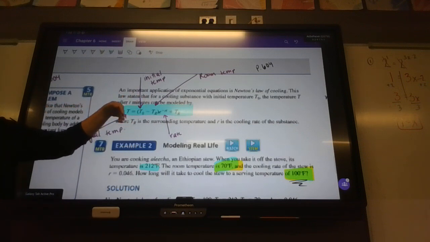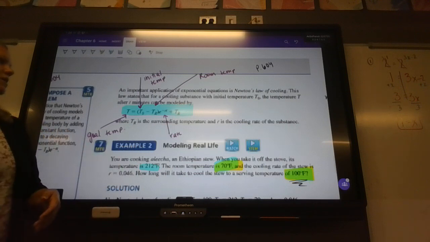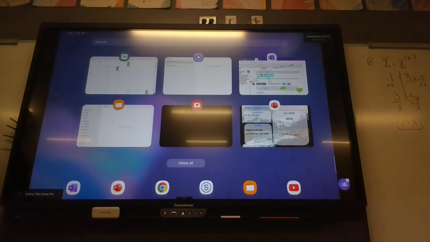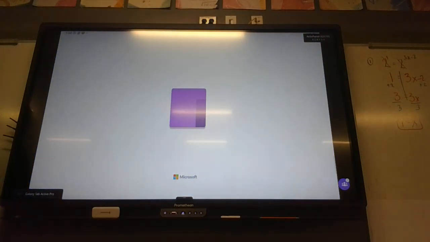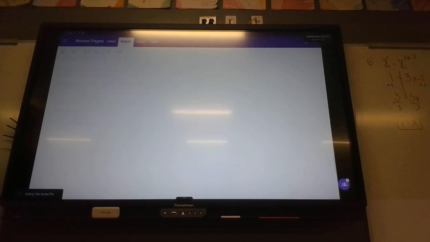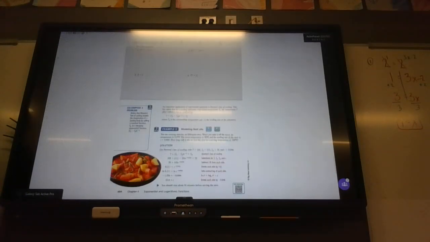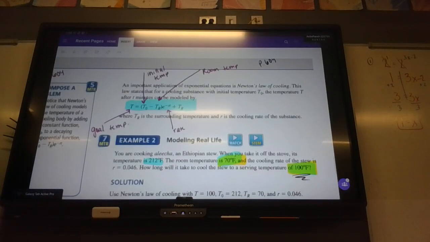This law states that for a cooling substance with initial temperature T sub 0, it's pretty blurry up here, I'm going to try to read it. But you guys may have heard of this. I think it happened before you were born, but someone sued McDonald's for their coffee burning them. Yeah, they got millions. And at first, we all made fun of them.